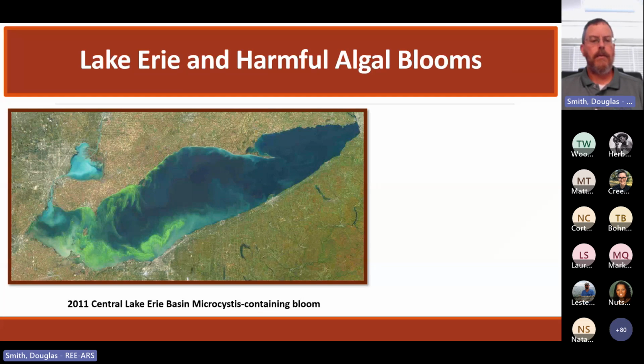This is a satellite image of Lake Erie. For those unfamiliar, maybe you can see my arrow. This is Detroit, Michigan. Here is Toledo, Ohio, and Cleveland, Ohio. As you can see, this large algal bloom in 2011 covered pretty much the entire coast of Ohio.